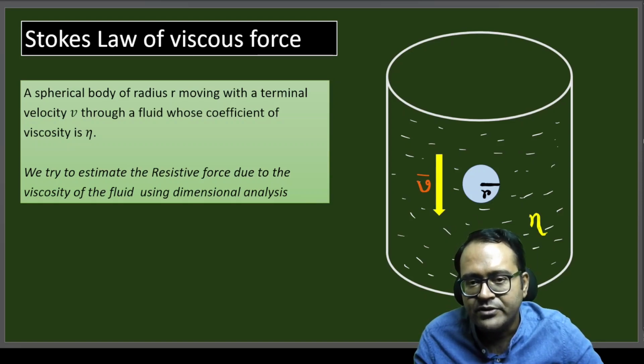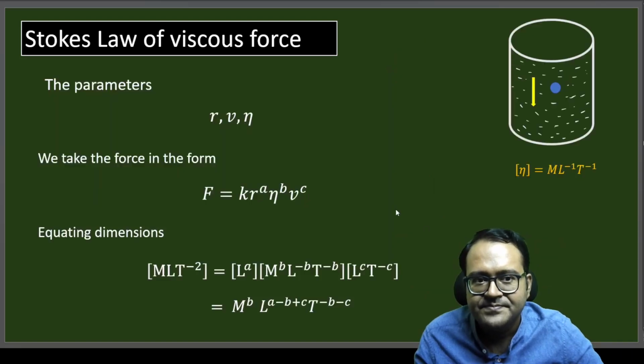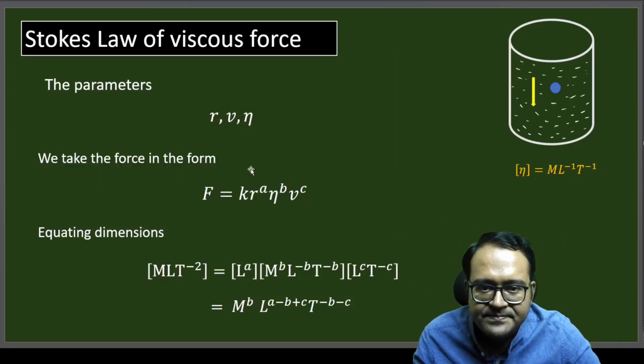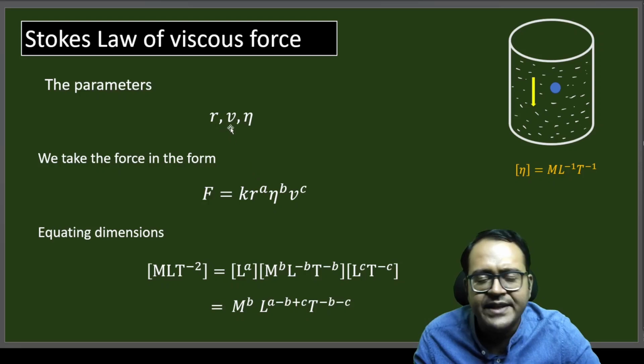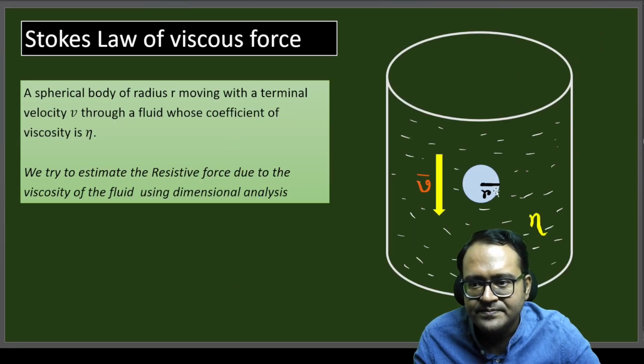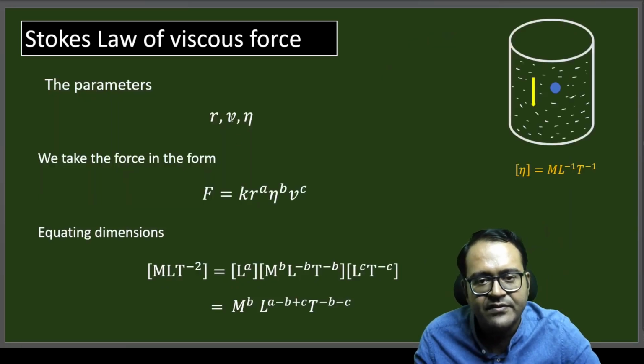We need to build a model. What are the parameters? The parameters are r, v, and eta. r is the radius of the ball, v is the terminal velocity, and eta is the coefficient of viscosity.